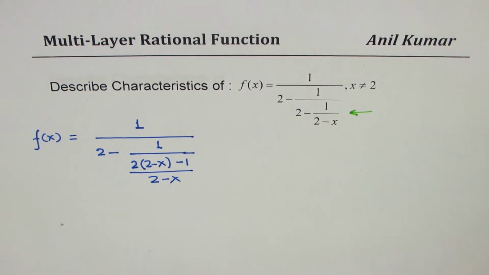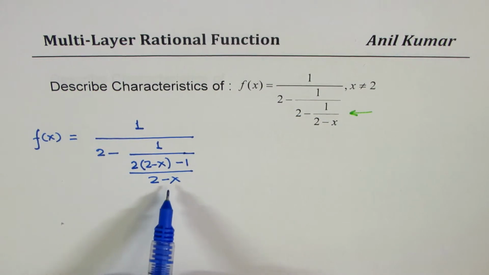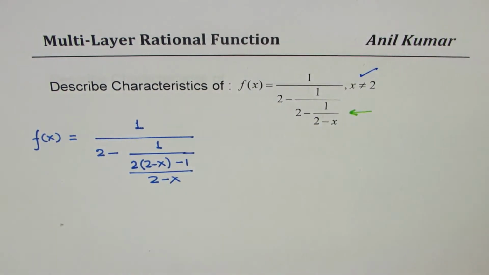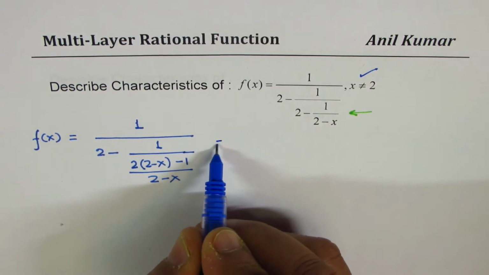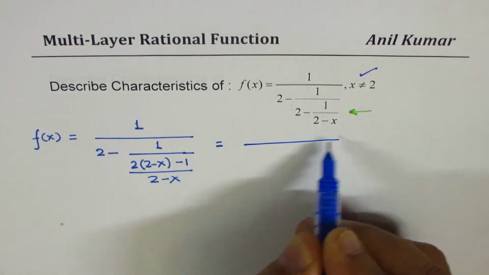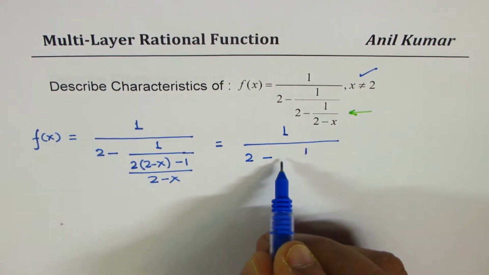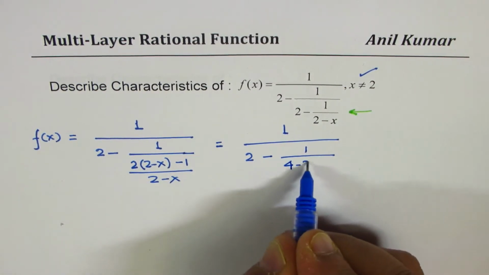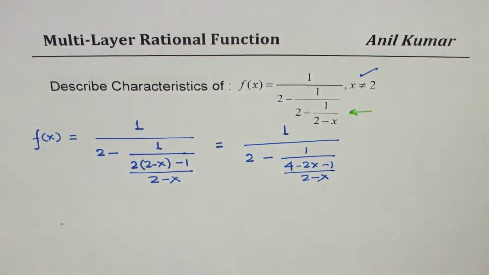Now, as soon as we do this step, make a note of what x cannot be equal to from the denominator. So we check from here that as given, x is not equal to 2. Okay? Let's simplify this expression a bit. We'll rewrite this expression as 2 minus 1 over, let's open this bracket, 4 minus 2x minus 1 over 2 minus x.